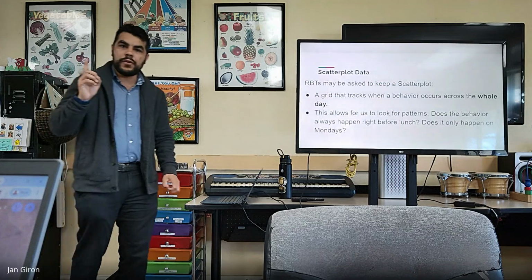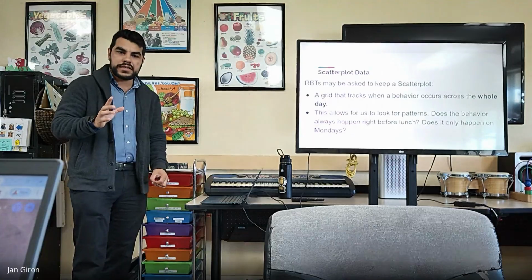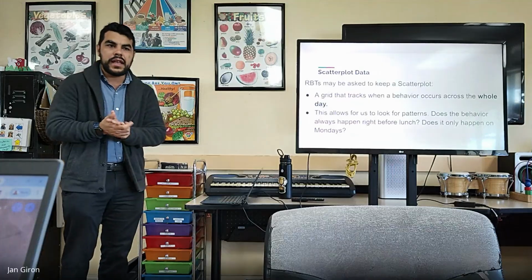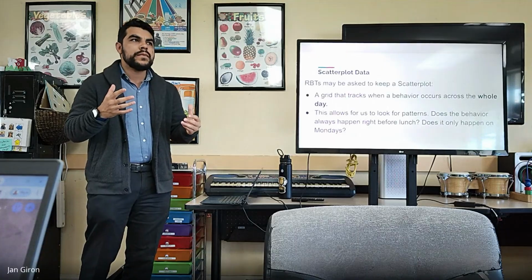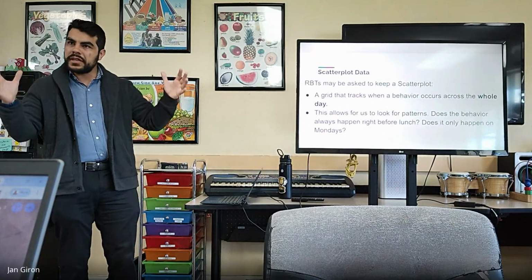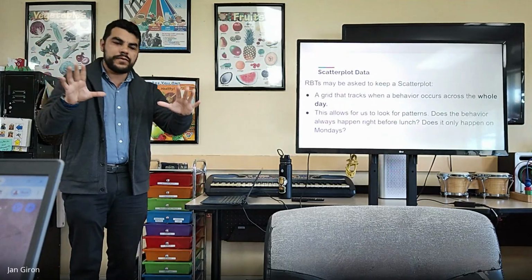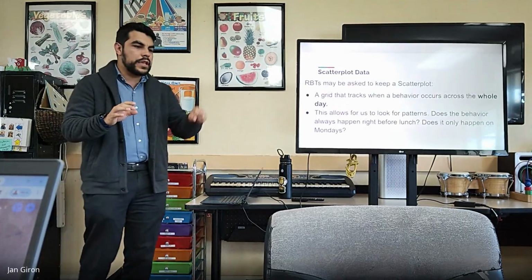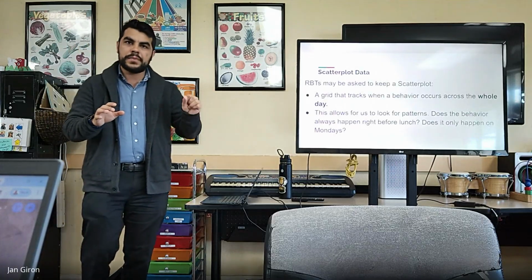Okay, and then for direct assessments, we can take a look at something called a scatter plot. Now, a scatter plot, you can think of it kind of like a full interval recording where you pretty much plot a graph for the entire day with all of the hours, and we record if a particular behavior happens at a particular time.